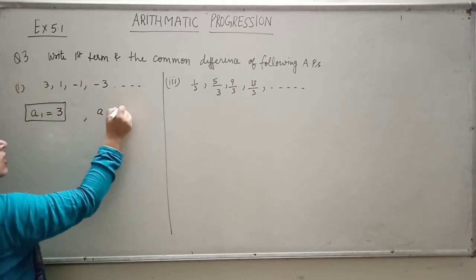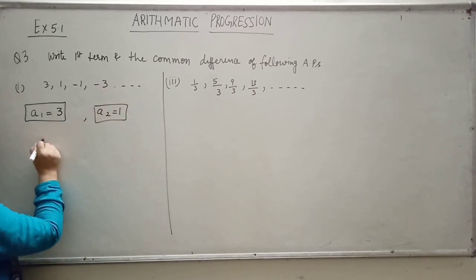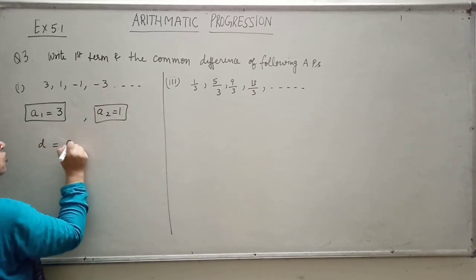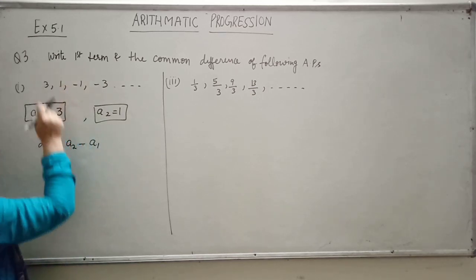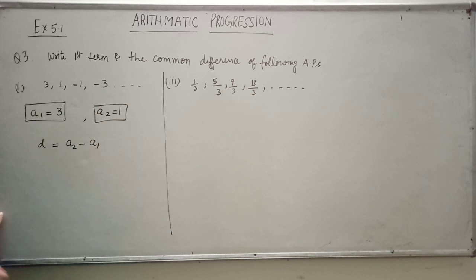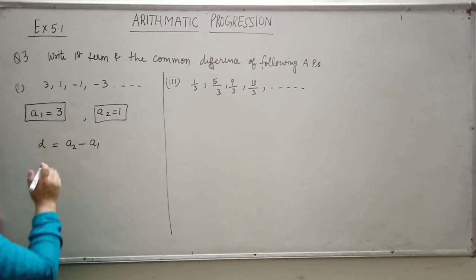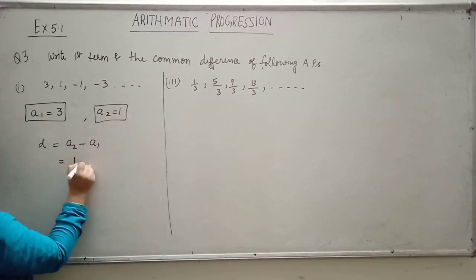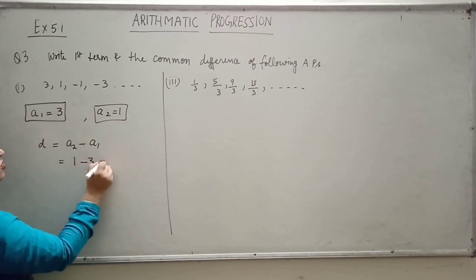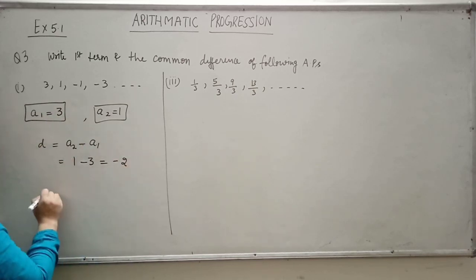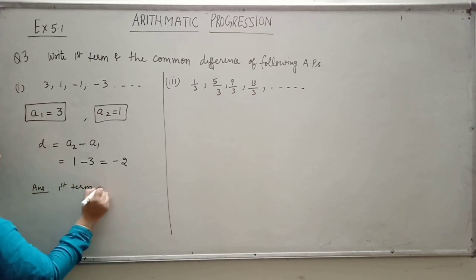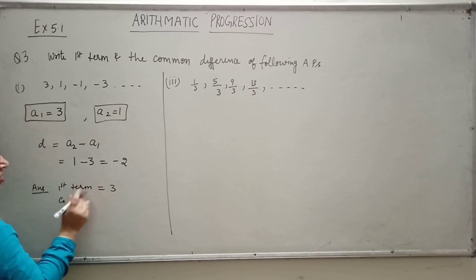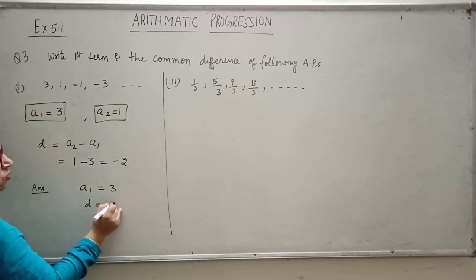A2 is 1, because to find D we do A2 minus A1, this minus this. You will not do A1 minus A2, but A2 minus A1. So A2 is 1 minus A1, that is 3. So this answer is minus 2. So your answer is first term A1 is equal to 3 and common difference is equal to minus 2.